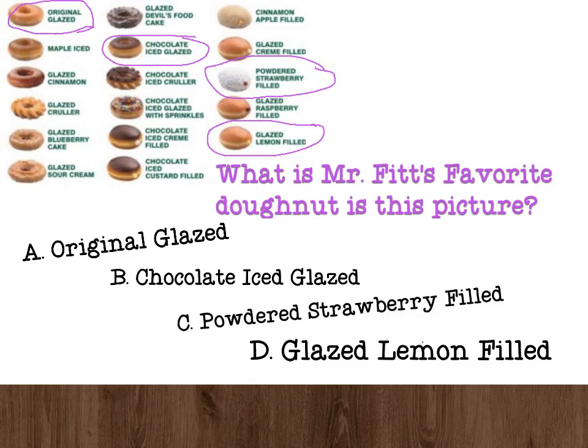Raise your hand out of these 4 if your favorite is A. Then raise your hand if your favorite is B. Raise your hand if your favorite is C. Raise your hand if your favorite is D. Well, my favorite out of these ones is A.